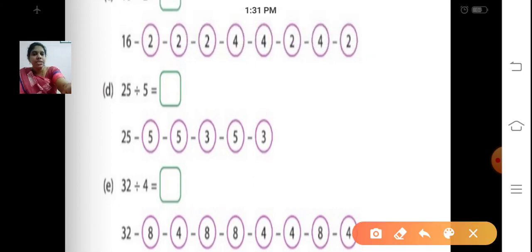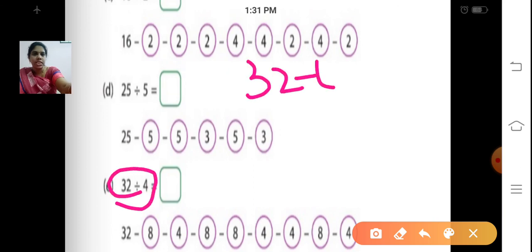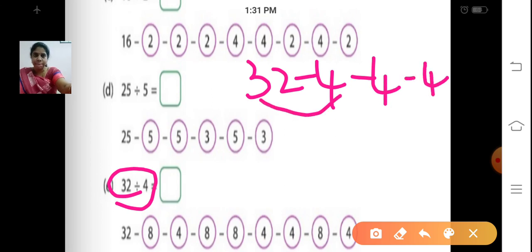Now we are going to subtract 32 minus 4. Start with this: 32 minus 4, minus 4, minus 4, till you reach 0. So first 32 minus 4 is 28. From that again you are going to subtract 4, like that till you reach 0.